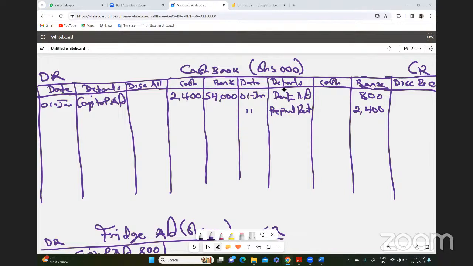But because of the money measurement concept, the fridge must have a monetary value attached to it. And that's how it came to be an asset here. We didn't buy it. We just open up an account. You recognize the fridge account, and then that will be capital. If we had bought it, the credit was going to be cash or bank, not so? But since we didn't buy it, the owner's asset surrendered increases capital.